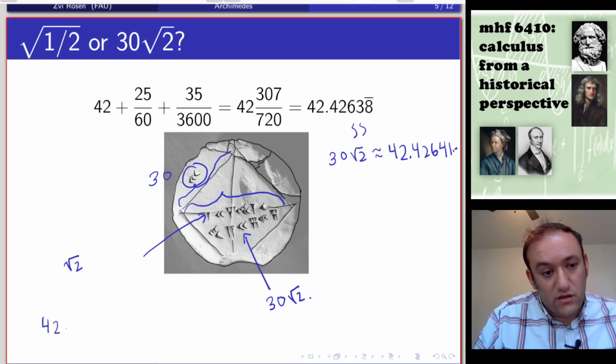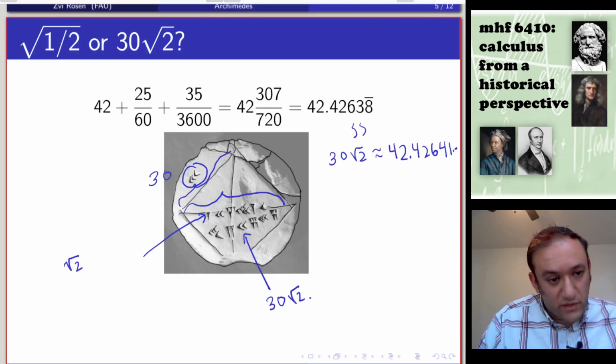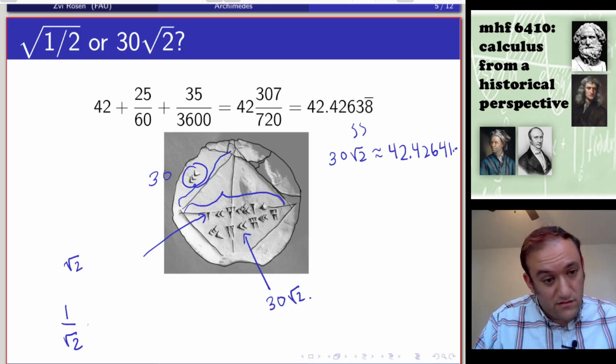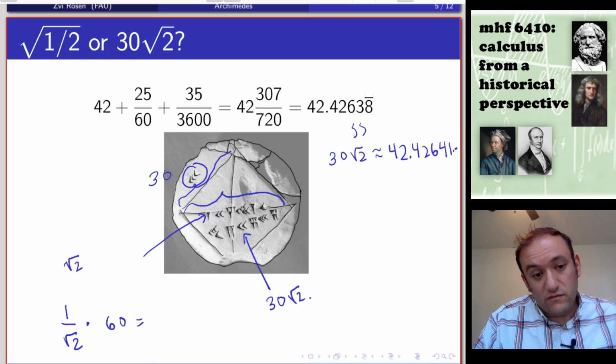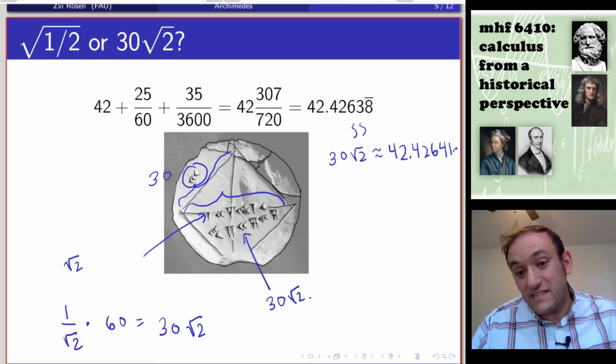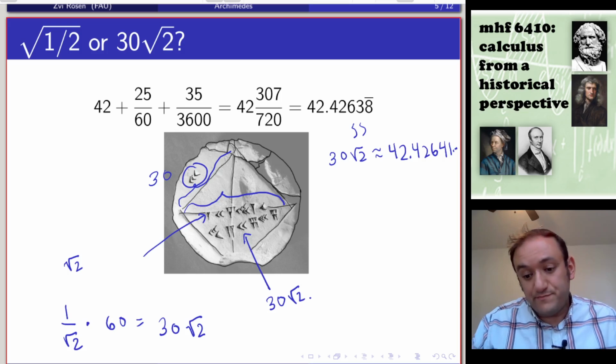If we take 1 over square root of 2 in our original formulation, and then we shift everything up by a factor of 60, well, 60 is 2 times 30, so the 2 cancels with the square root of 2 to leave square root of 2. That explains why shifting, which is the same as multiplication by 60, gives us the value of 30 root 2 instead of square root of a half.